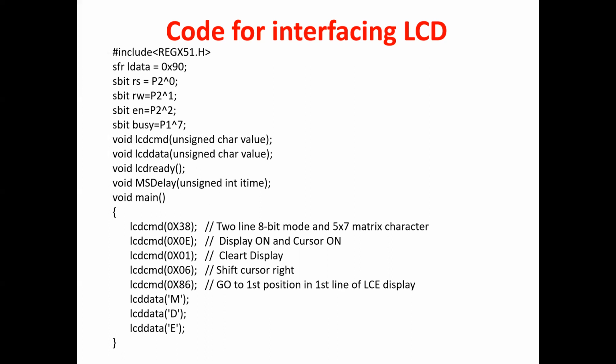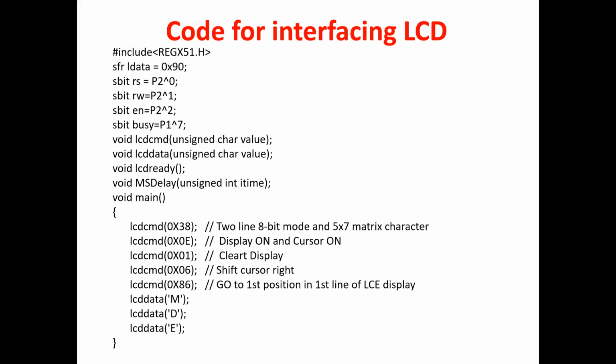It is a command that we give to the microcontroller telling it what kind of LCD this is. So with the LCD command function, we send the value 0x38. This means the LCD you are interfacing operates in 8-bit mode, with a 2-line display, and each character has a 5x7 matrix.